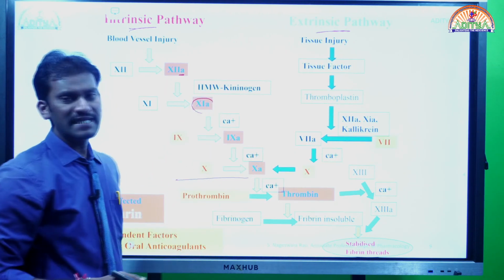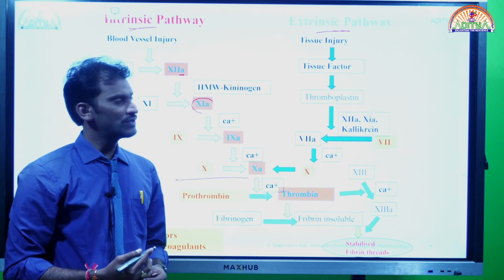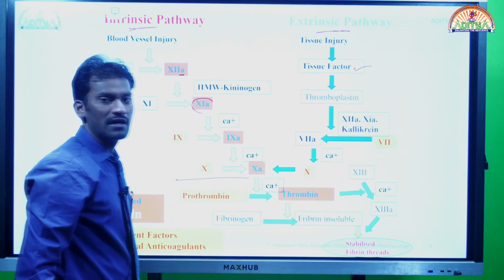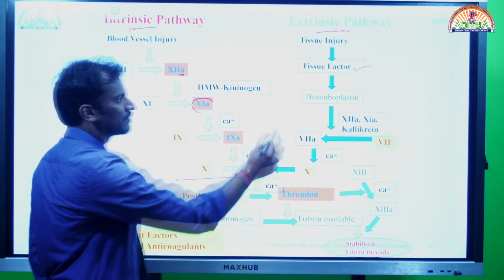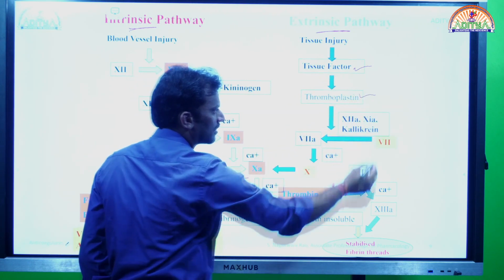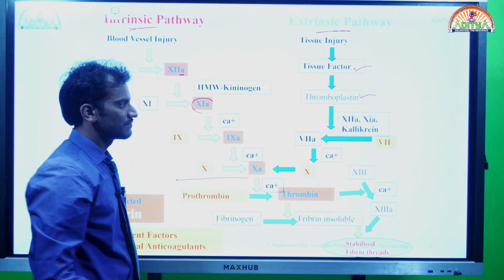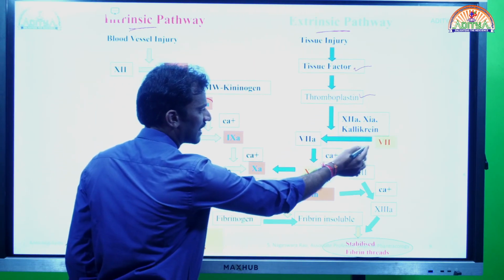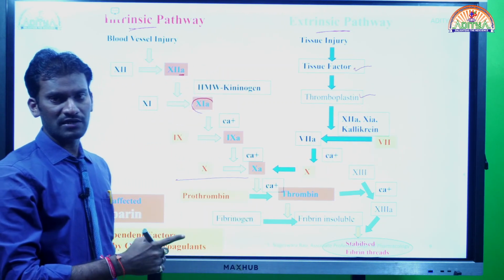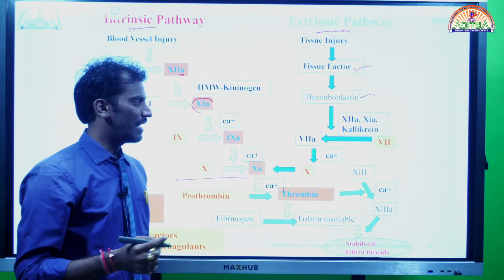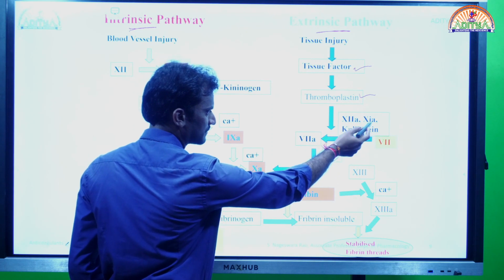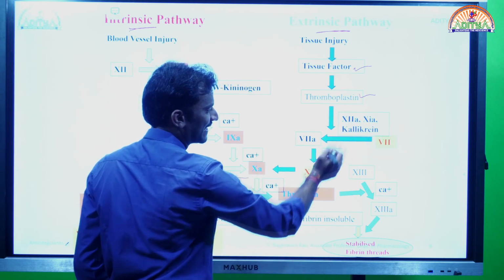Again, when there is any tissue injury, tissue damage, the body releases one factor that is called tissue factor. The tissue factor will release one protein called thromboplastin. This thromboplastin will convert factor 7 to 7A. Now factor 7 will be activated to activated factor 7A, in the presence of factors like 12A, 11A, and kallikrein, which is a protein.